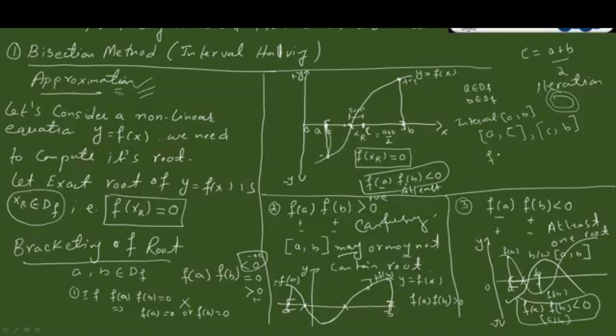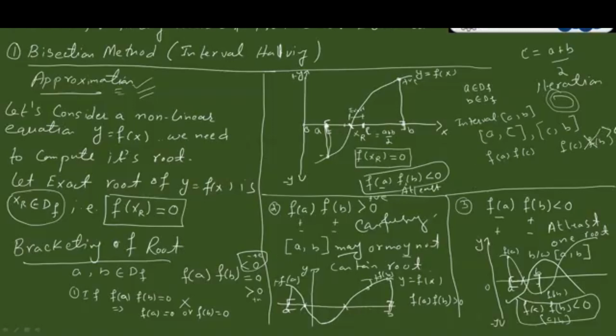So I can say f of A into f of C, and similarly I will compute f of C into f of B. I can clearly see if I compute f of C into f of B, both are positive, so this will be greater than 0. So this is not the condition of our choice.